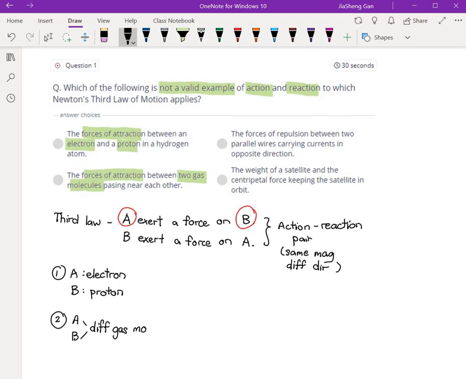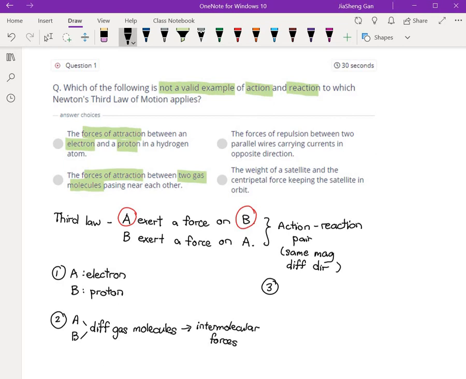So A and B are different gas molecules and they exert a force of attraction on each other. You might have heard of this as intermolecular forces, or IMF. If not, you'll probably learn it in chemistry soon. I'm not sure when.